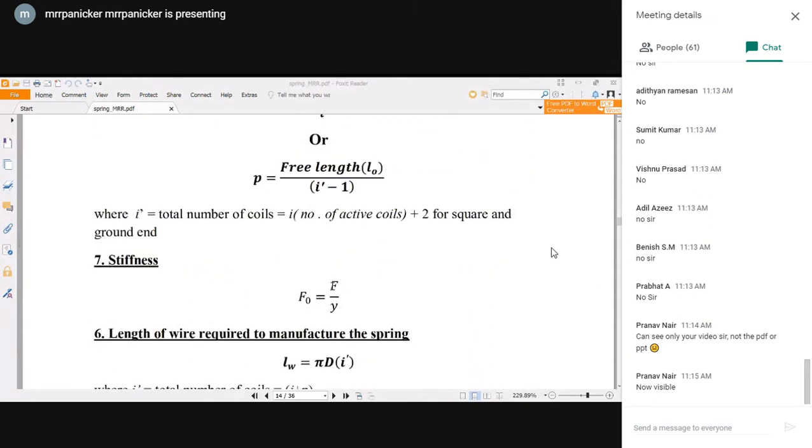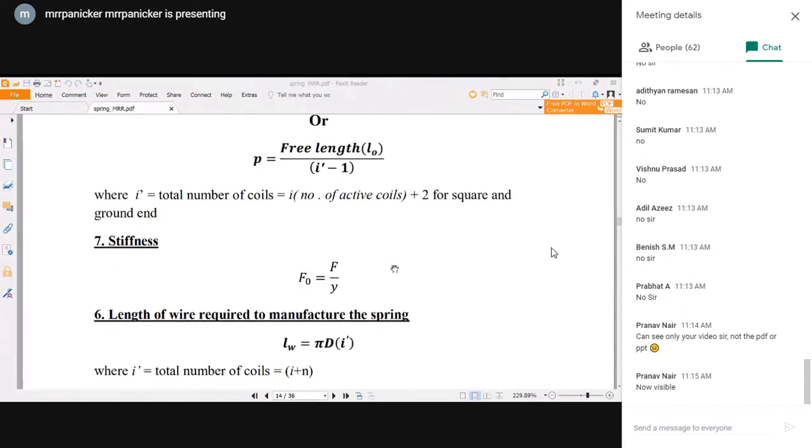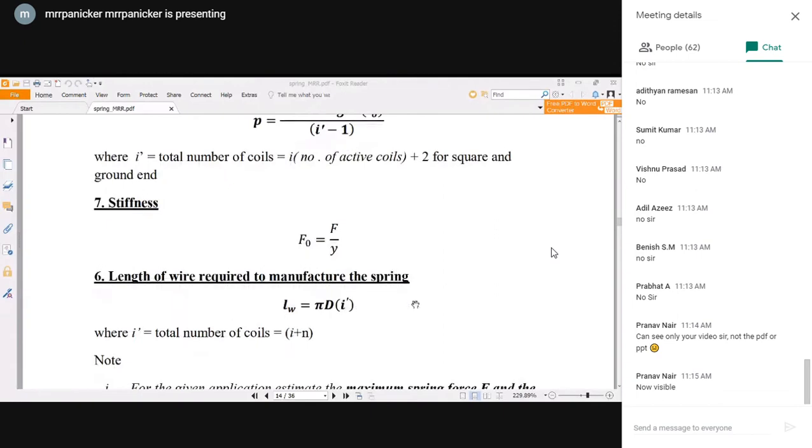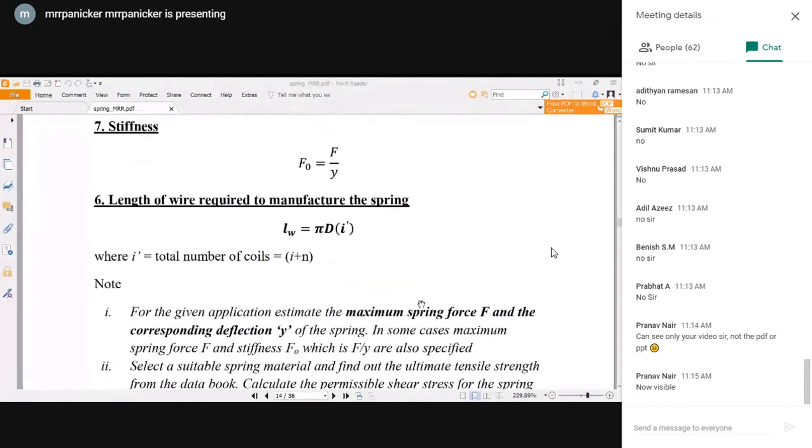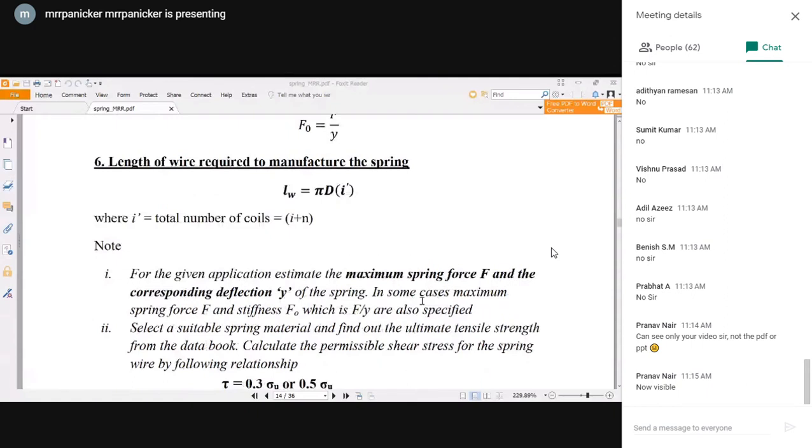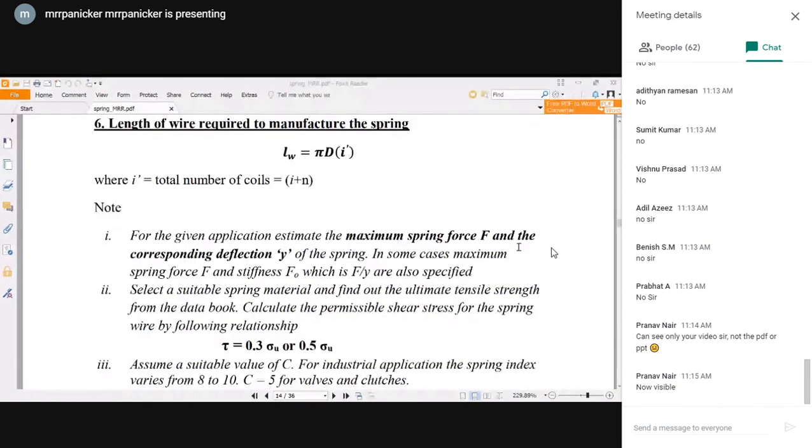Stiffness, force per unit deflection, is also a parameter. Then the length of the spring. The point is the maximum spring force and the corresponding deflection, which you have to keep in mind for designing based on strength. That is very important.